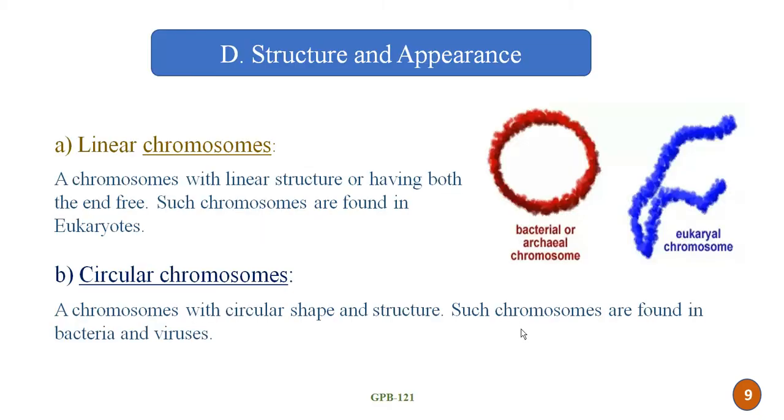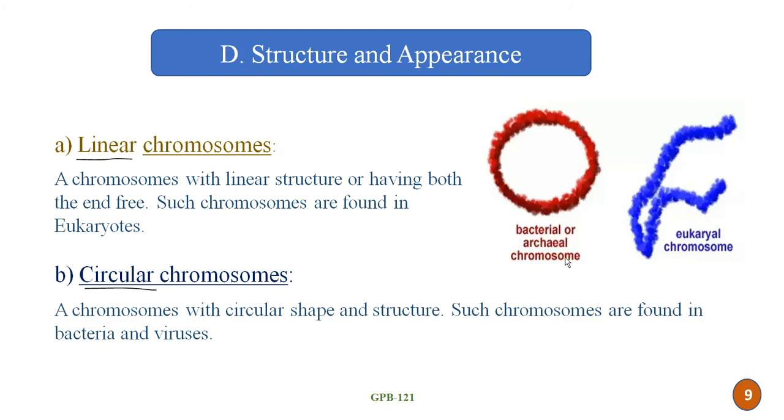Okay. Then the next criteria is structure and appearance. According to that, there are two types of chromosome. First is the linear one, and next is the circular one.